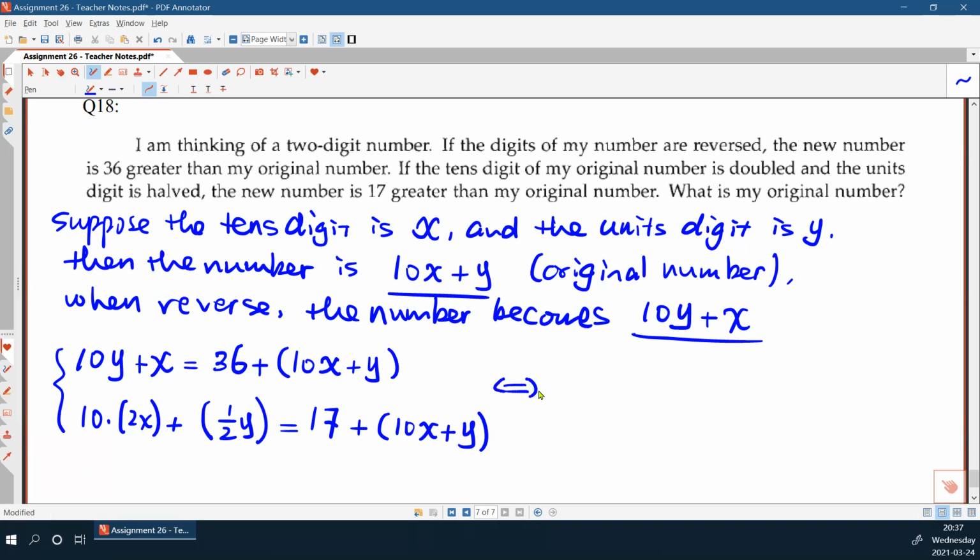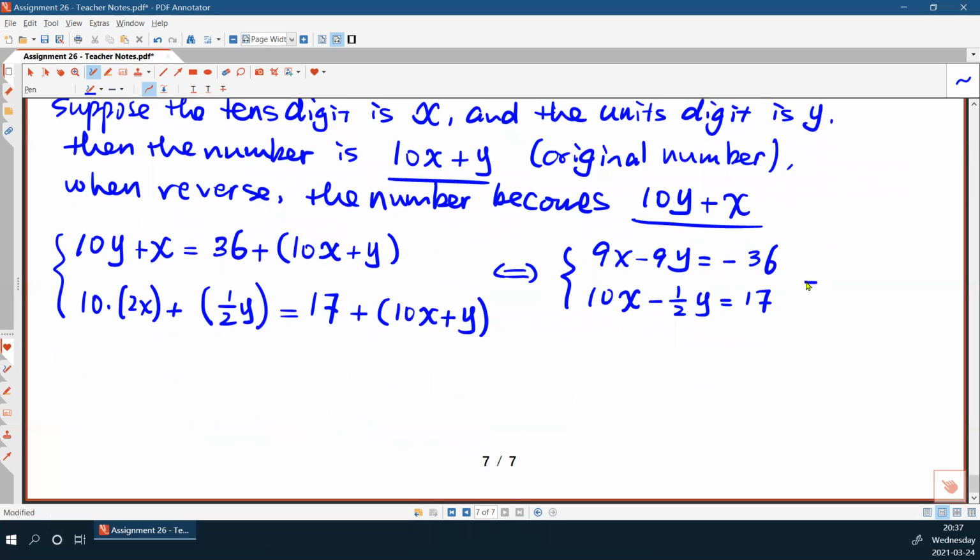So what do we have here? You can simplify the system first, which you will get 9x plus 9y equals minus 36. Second equation, you will get 10x minus 1/2 of y equals 17, right?